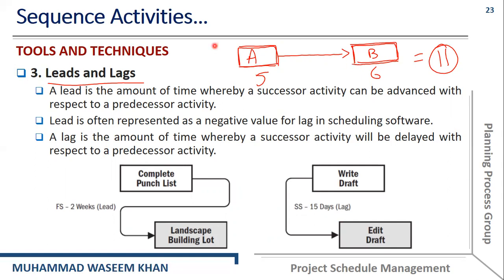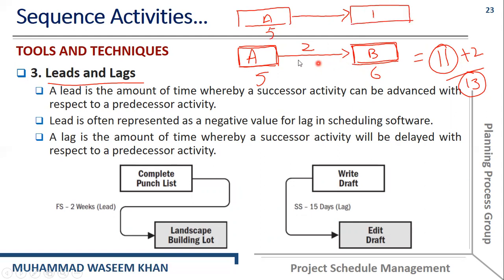Like for example, if we complete activity A in 5 days, and on day 6 and day 7 we wait for the resources, and then on the 8th day we start activity B, then it will take 13 days, because these 2 days are for the delay. Activity A is completed in 5 days, activity B is completed in 6 days, but in between these two activities there is a delay of 2 days. So 6 plus 5 is 11, and plus 2 days delay, 11 plus 2 is 13. And so this is called lag.